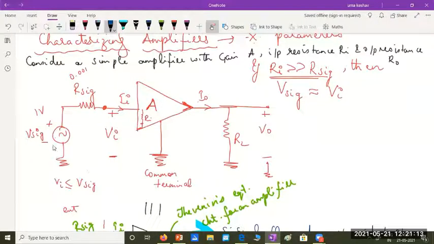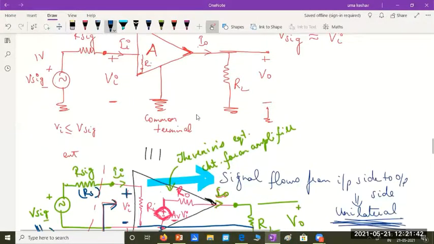We considered an input signal being given from the signal source, and that signal generator had a resistance Rsig. It is connected to the input of the amplifier, where it's supplying a voltage Vi and sending a current Ii into the amplifier. The amplifier output is connected to a load resistance to supply the output voltage across it, and the current flowing through the load resistance is Io.